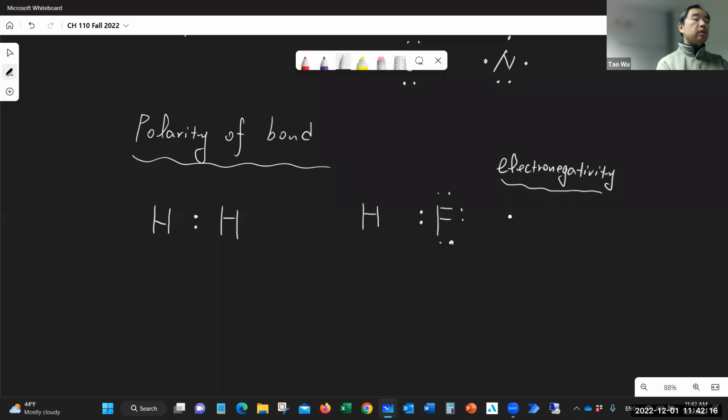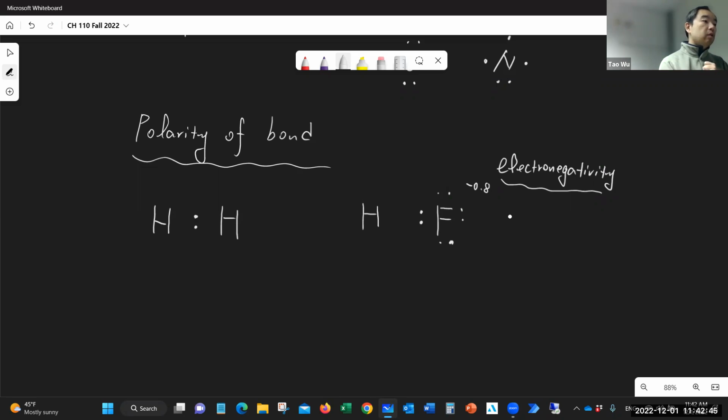But here, since the electron is not completely gained by the fluorine, but is close to it, maybe the fluorine gains a negative 0.8 charge, not completely negative 1, but 0.8. I don't know, this is just my guess, but are you clear about that?